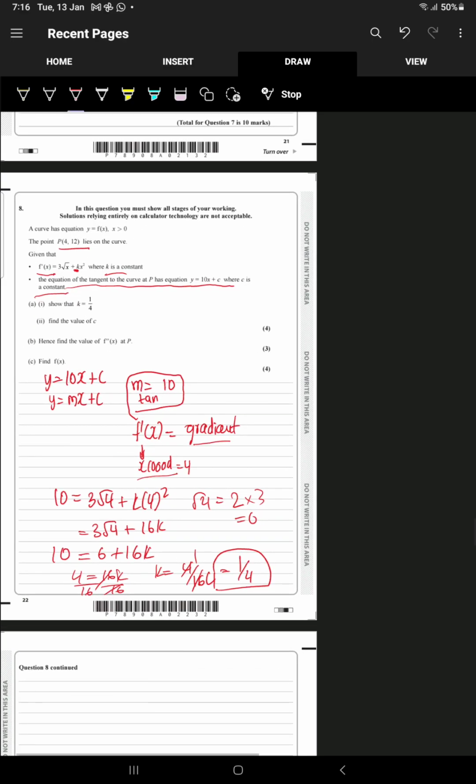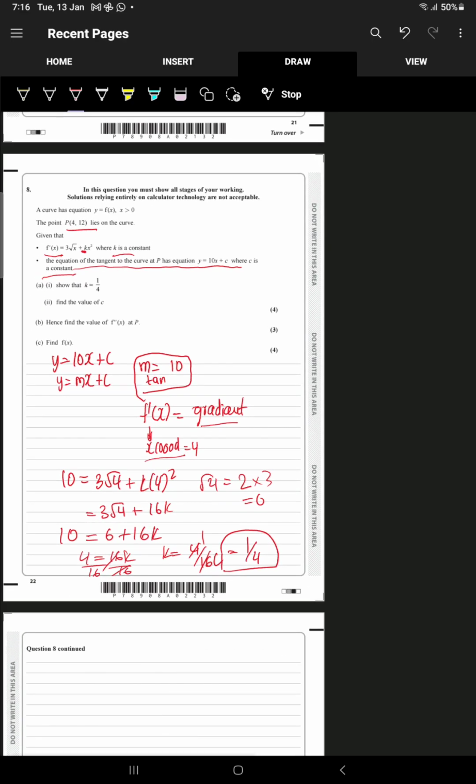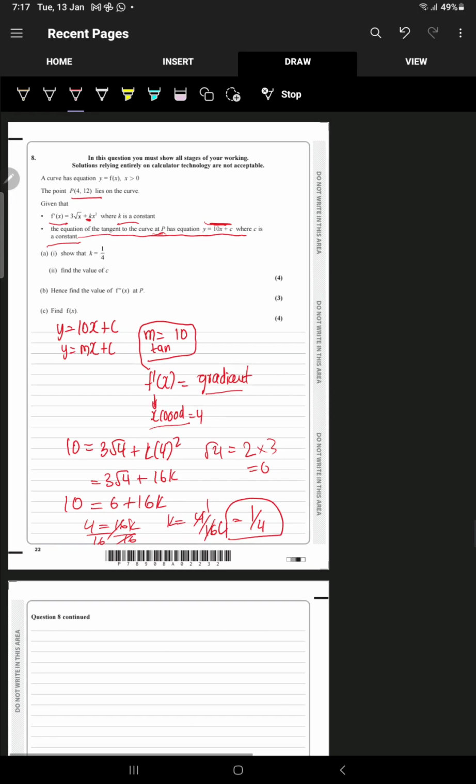Because this is a tangent to the curve, this equation lies on P. It basically crosses at P, and that means that if we substitute the x and y coordinate, we can find the value of c.